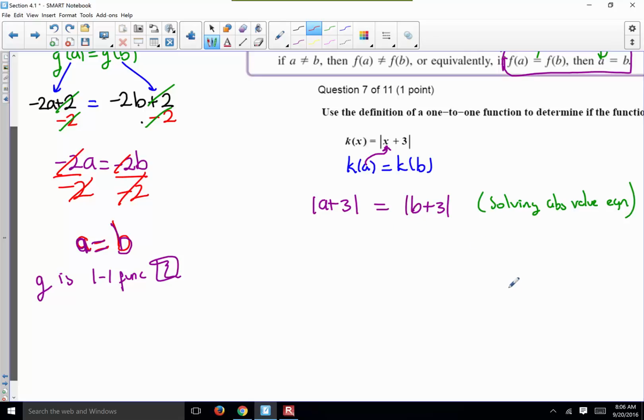Okay, a simpler question. What if you had only this? How would you clear this absolute value around this a plus 3, if it was only set equal to 5? No, we cannot, because 3 is locked inside these prison walls.